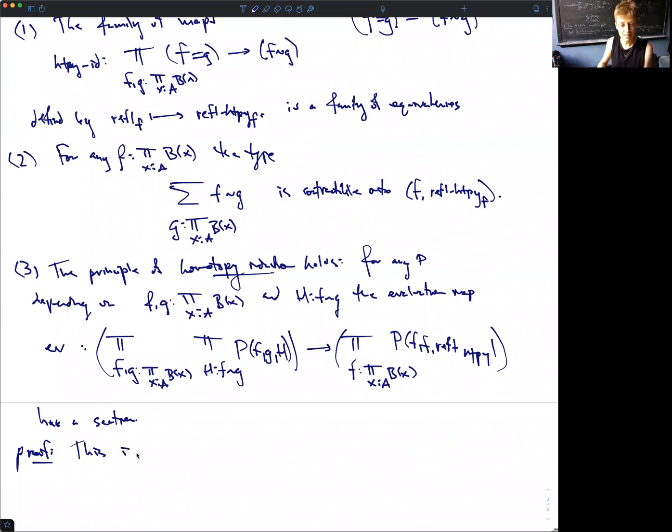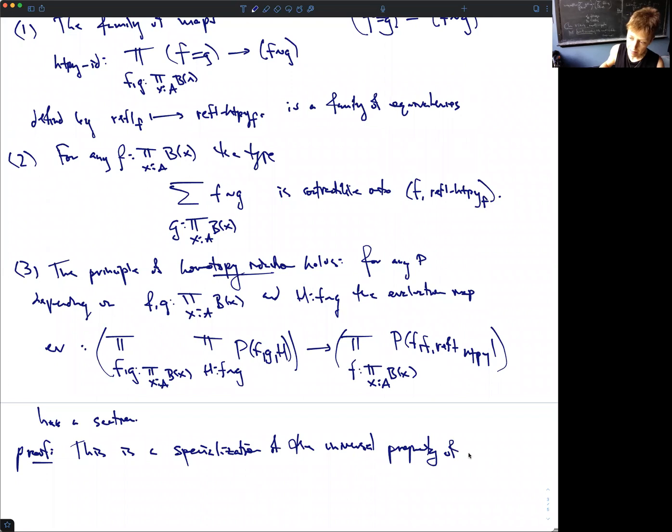So this is a specialization of the universal property of identity types, which is about identity types in any type family. So in particular in dependent function types, which is the case we care about right now.